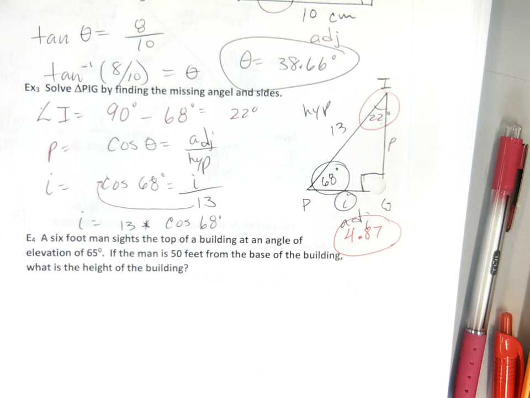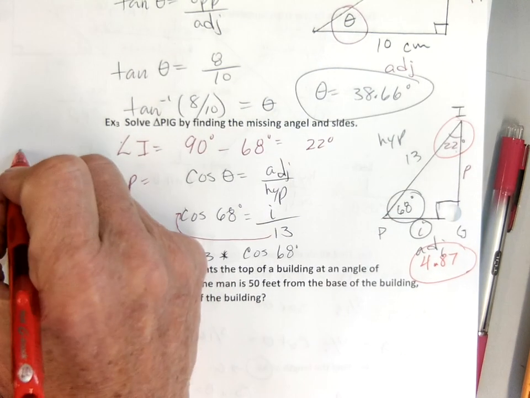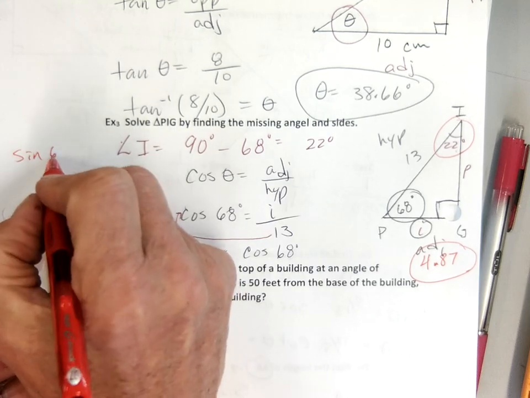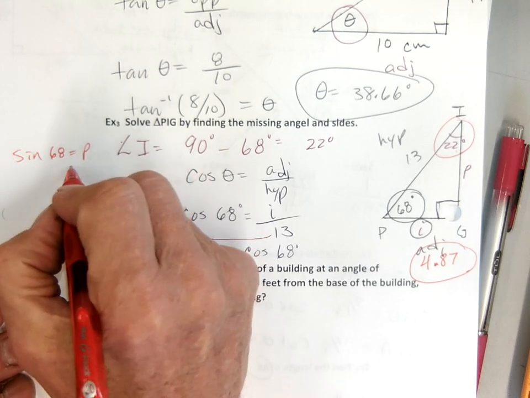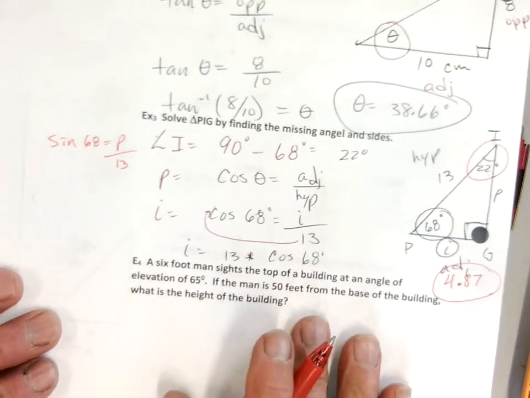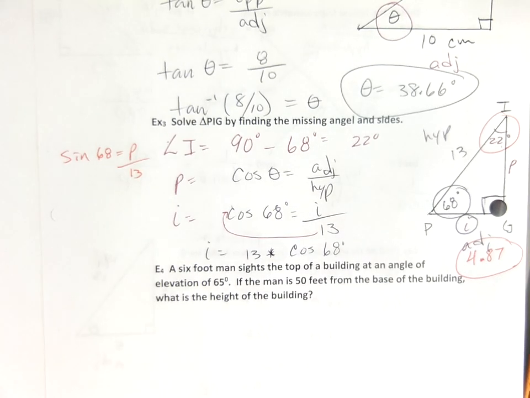Pythagoras theorem, or do you like sine? I like the sine, it's shorter. But if you like Pythagoras theorem better, use it. They both work, right? I'm going to just go sine. I'm going to go sine of 68 is equal to little p over 13. That's the way I'm going to solve it because it's faster for me.